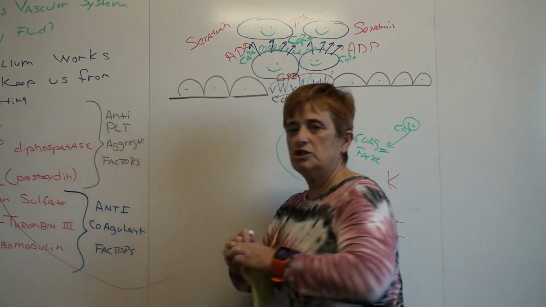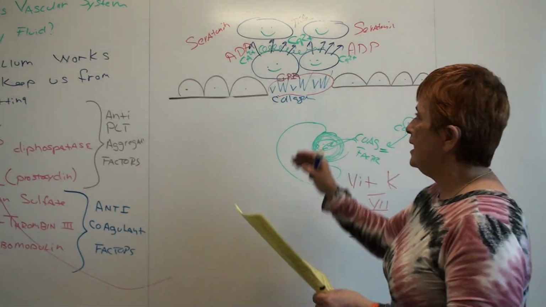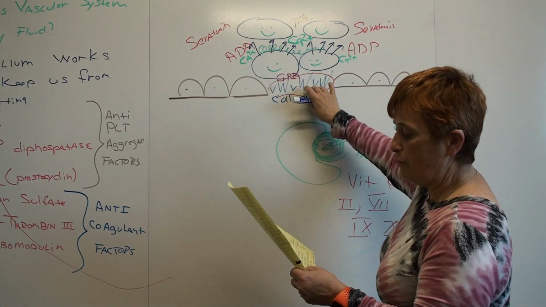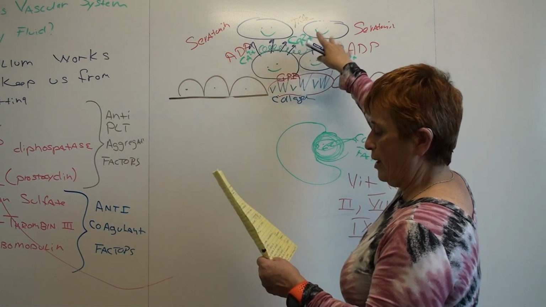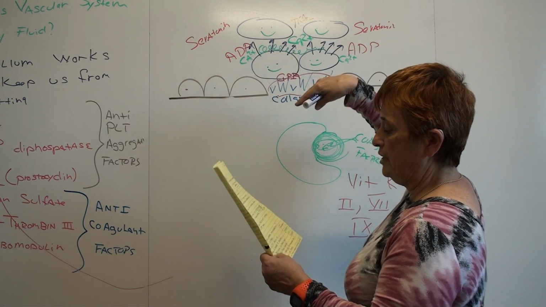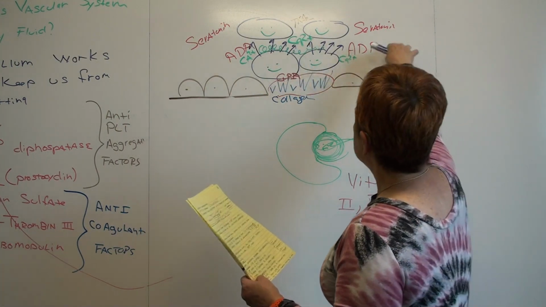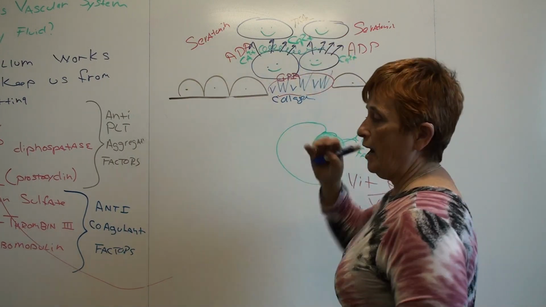I've got my collagen there, so I've got my von Willebrand's factor and I've got my collagen. I get my first layer of platelets. They stick here with the von Willebrand's. They release the contents of their granules and they call everybody else in. They start activating themselves. The second layer comes in. They stick together.